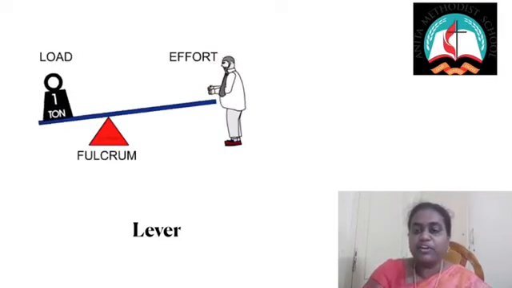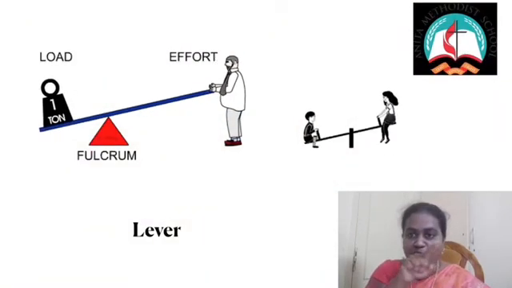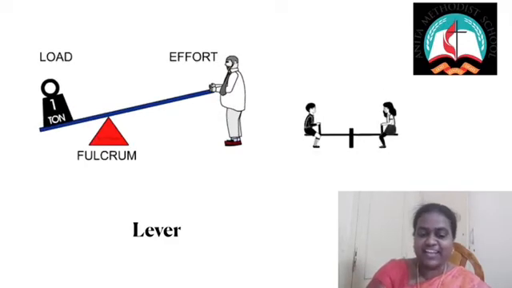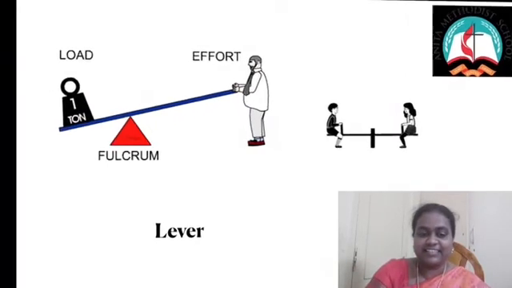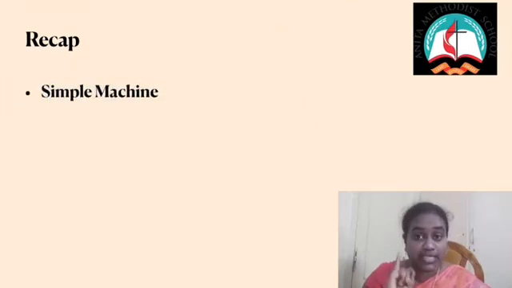Another example of lever is a seesaw. I hope you all would have played the seesaw. Good children. Now let's have a short recap. First, we learnt about what is simple machine.